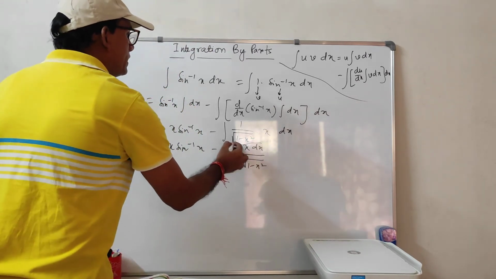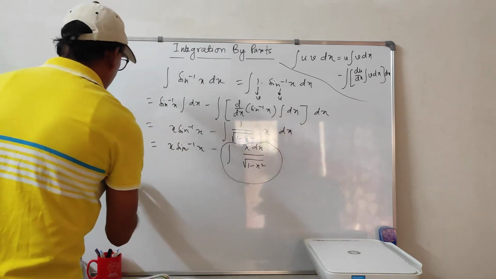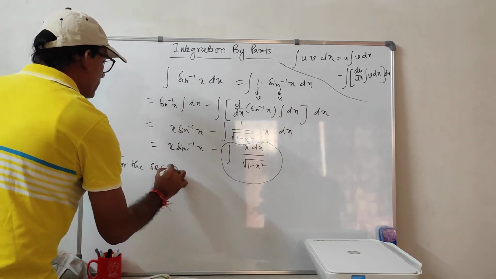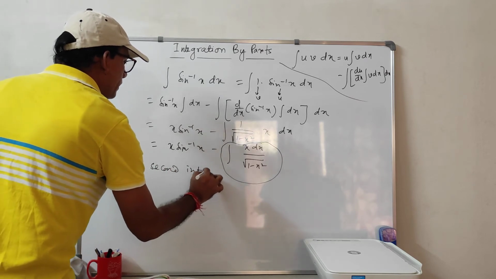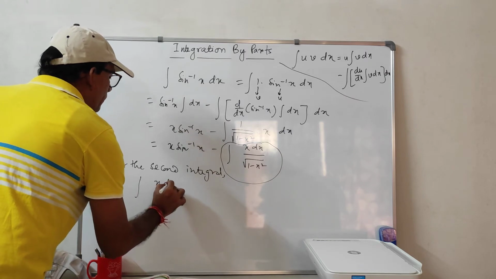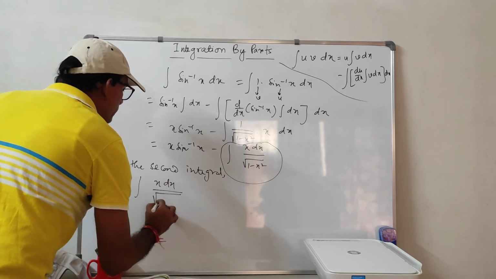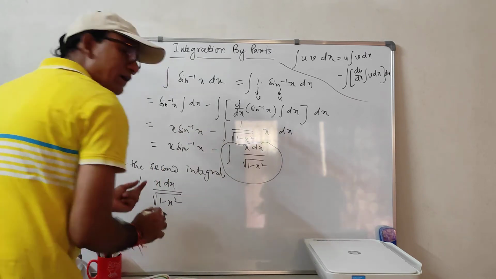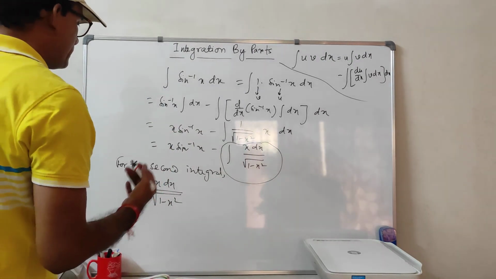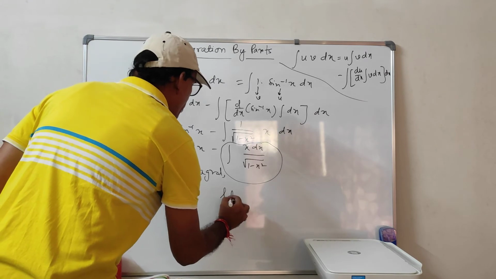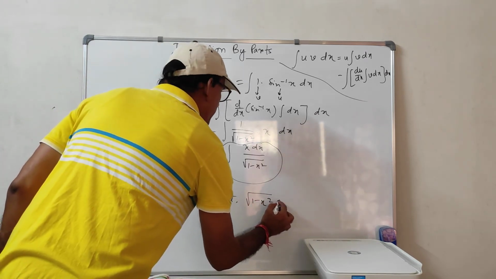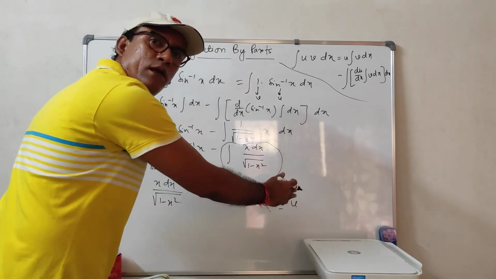So for this integral, we are writing the second part separately. For this integral, you use the general method of substitution, that is what you did earlier. Root over 1 minus x square, take this as u, a new variable u.